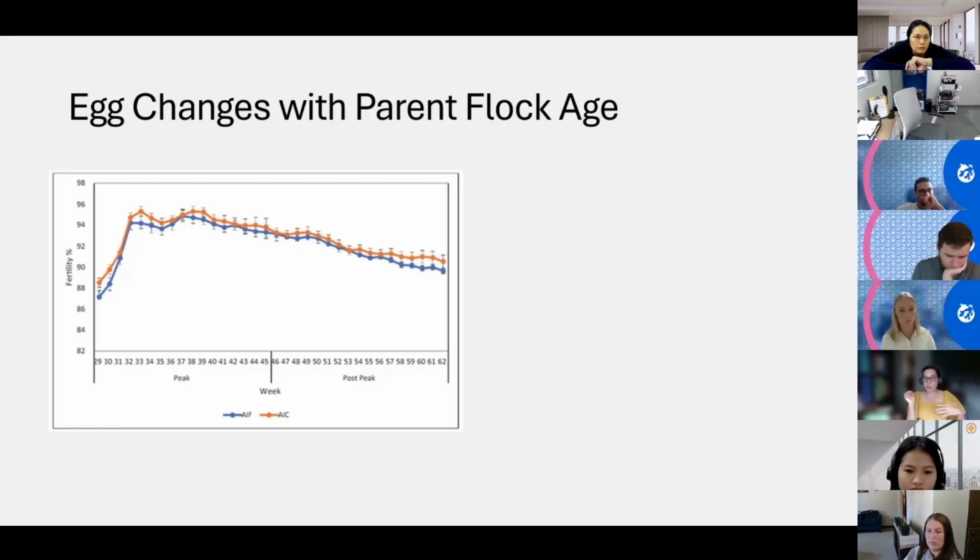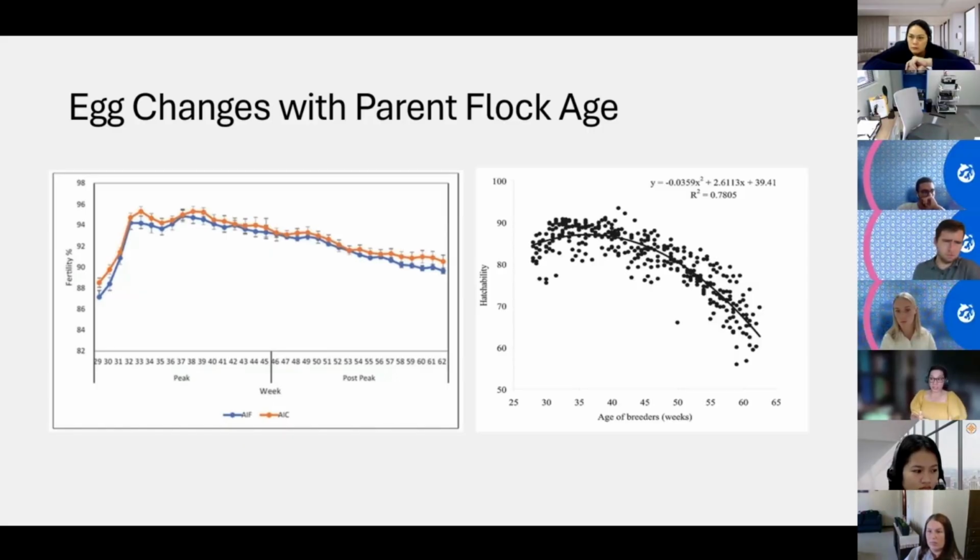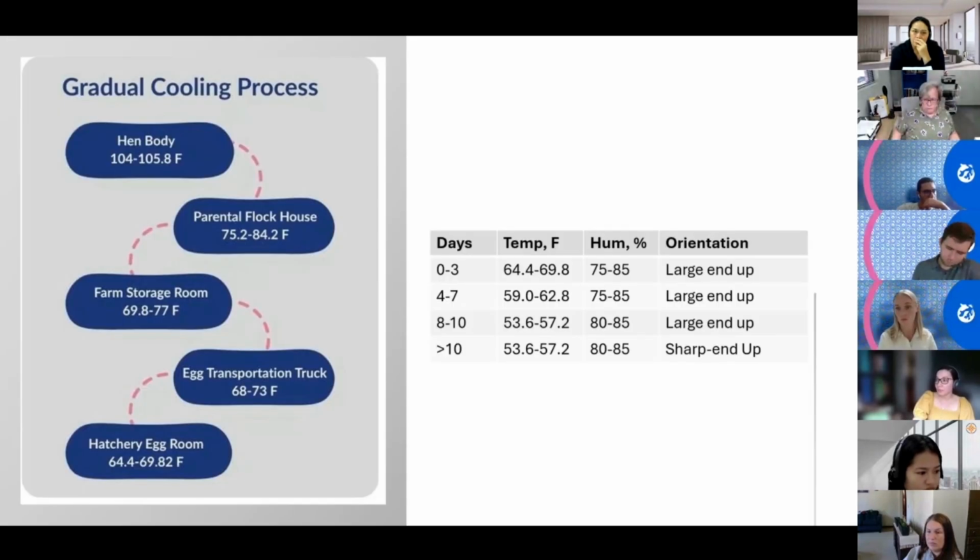So at some point, they will add new males to increase fertility. As the fertility decreases, it also decreases the hatchability. That is solid evidence, and something we are aware of that is going to happen always.